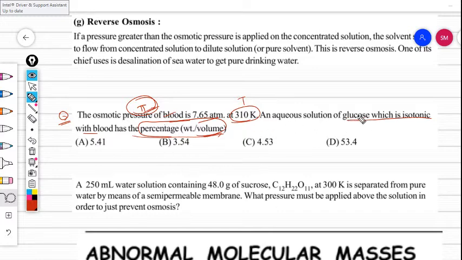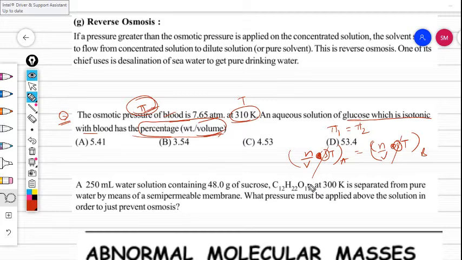Then what you must do: if it is isotonic, phi 1 is equal to phi 2. What is meant by phi? n by V ST of A equals n by V ST of B. S is the gas constant, which is not going to change, so you don't need to take it.